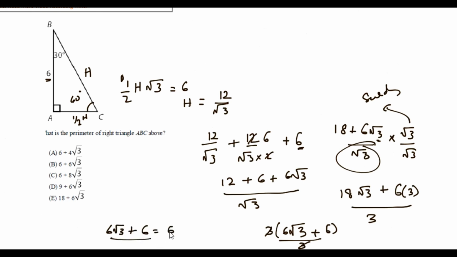Or it can be written as 6 plus 6 root 3. Now if you look at the answer, option choice is available. Option number B totally fits in with the value that we have calculated.